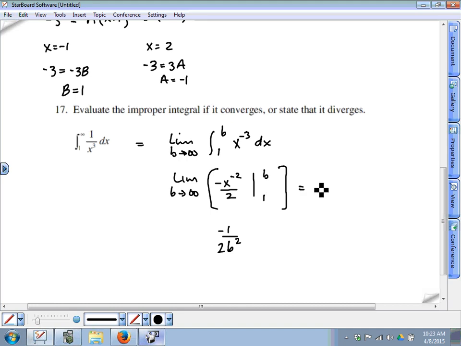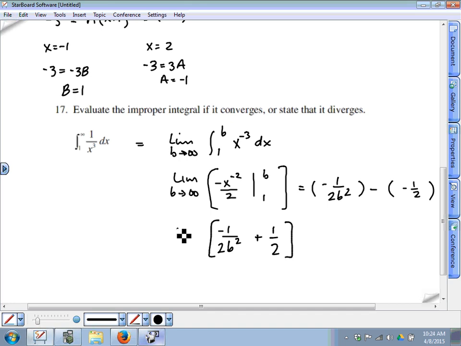So I'm going to write this over here. We need the upper bound minus the lower bound. The upper bound is negative 1 over 2b squared. The lower bound here is going to be negative 1/2. So minus a negative is the same as plus.